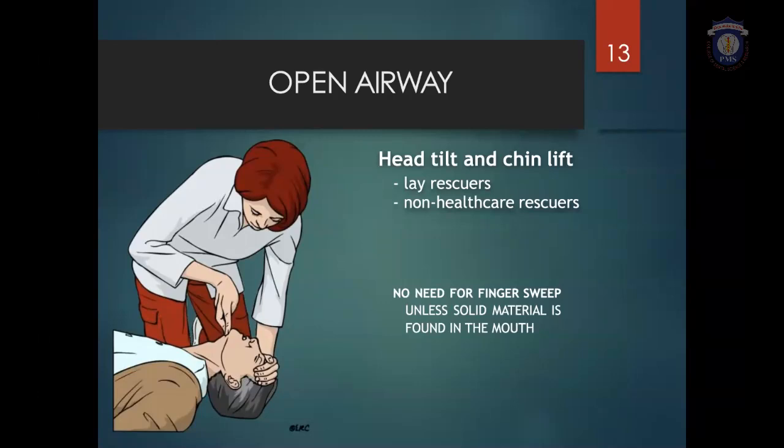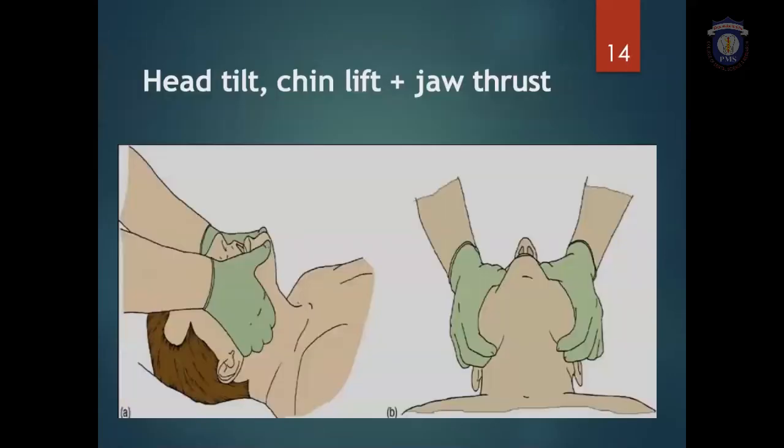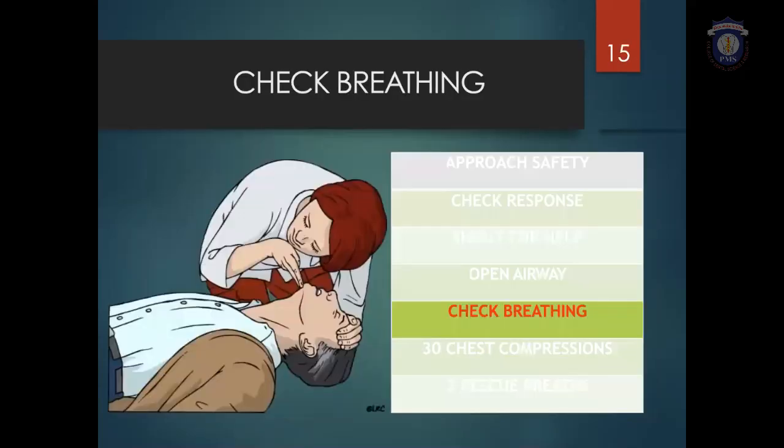These are done by lay rescuers, non-healthcare rescuers, and there is no need for finger sweep unless solid material is found in the mouth. The other method used for airway maintenance is head tilt, chin lift, and jaw thrust, as you can see in this picture.